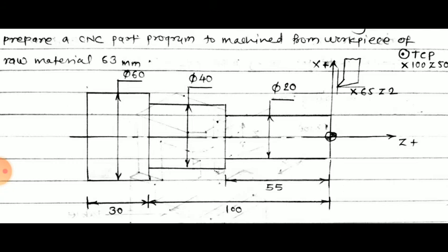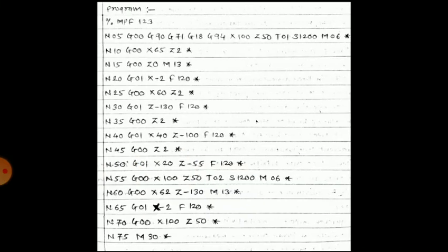So move the tool to Z0. And M13 means the spindle is rotated in a clockwise direction, and the coolant is on. So for the N15 block, the M13 is given.